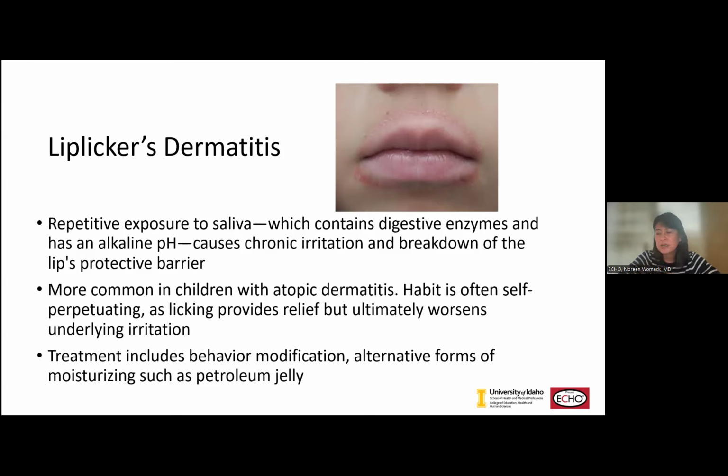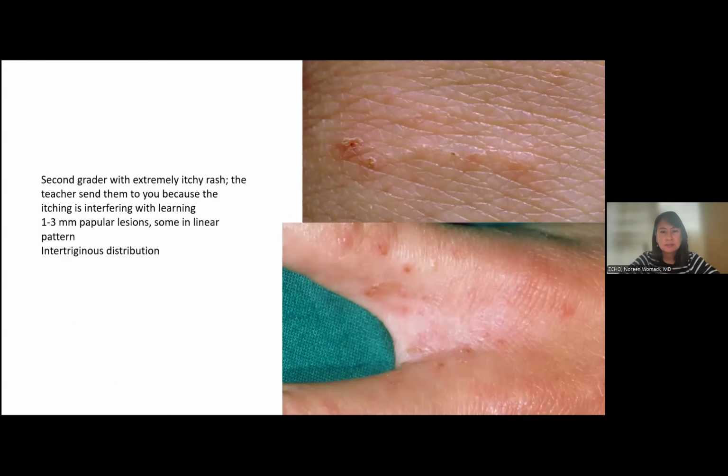You can also have the child carry around a special lip balm as long as there's no fragrance or dye in it. And when they feel the urge to lick their lips, they can use that instead. But once you do that, this should go away. Next slide.